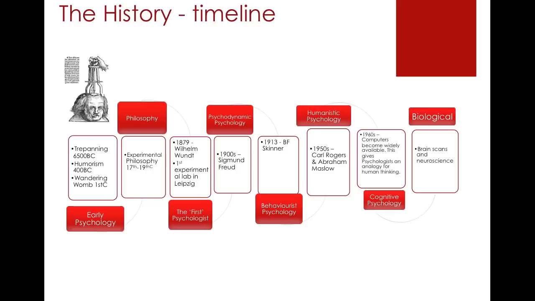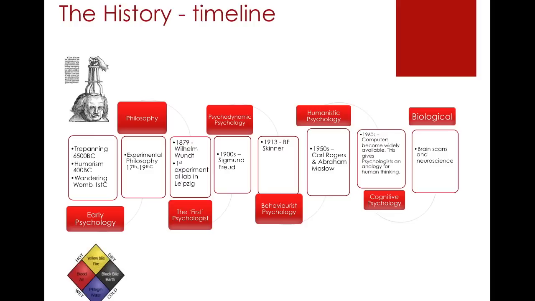Some people assumed it was a build-up of fluid that was causing people to act strangely. In medieval times, it was maybe thought that it was nasty, evil spirits within the person, and so they were drilling the hole to let these spirits out. And so I guess this can almost be thought of as the earliest kind of psychology, looking at, well, how are people acting and how can this change?